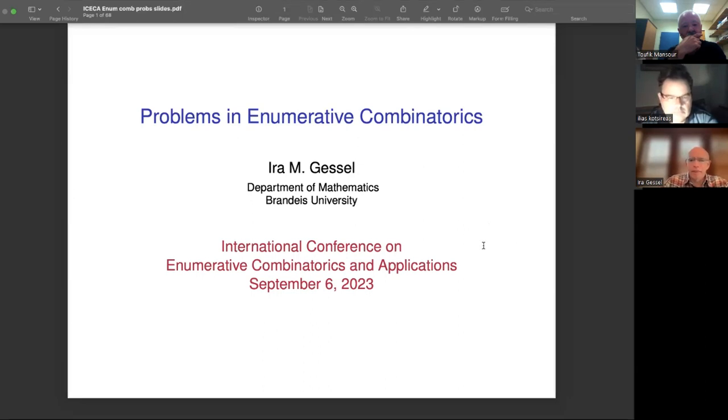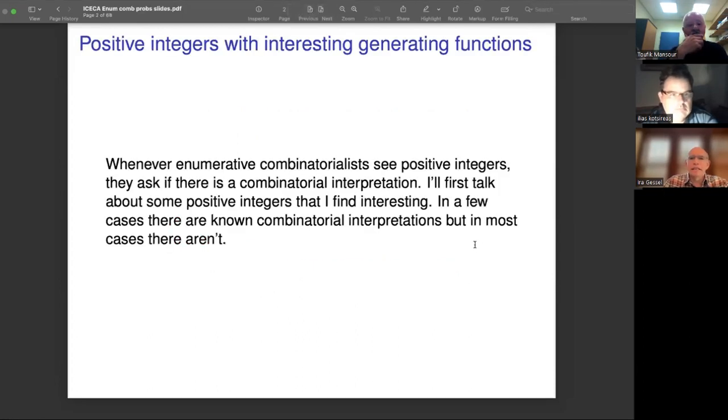A lot of these deal with positive integers with interesting generating functions. Whenever an enumerative combinatorialist sees positive integers, we ask if there's a combinatorial interpretation. That's the most natural problem.